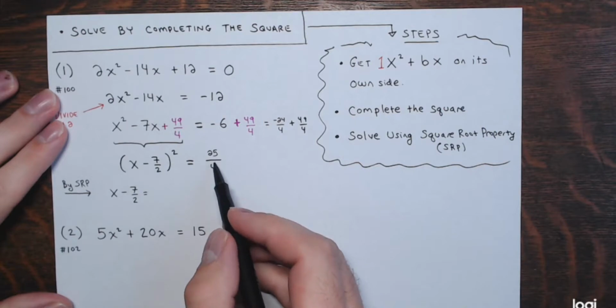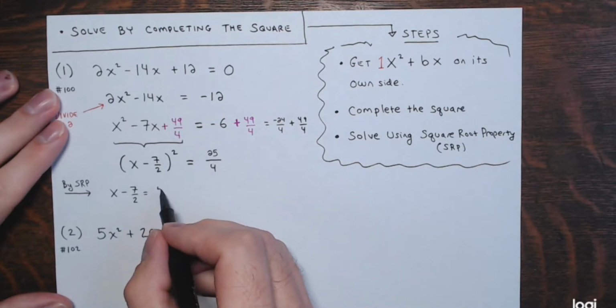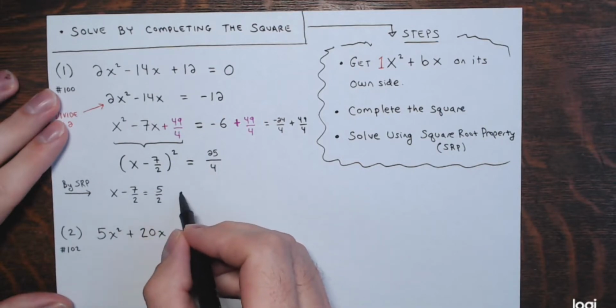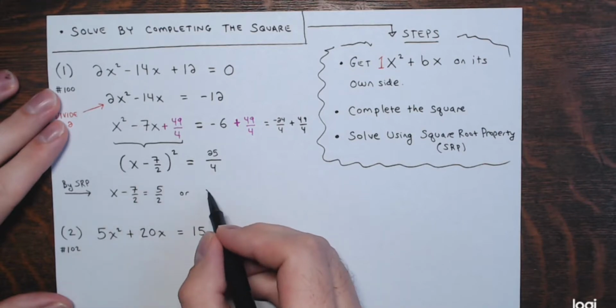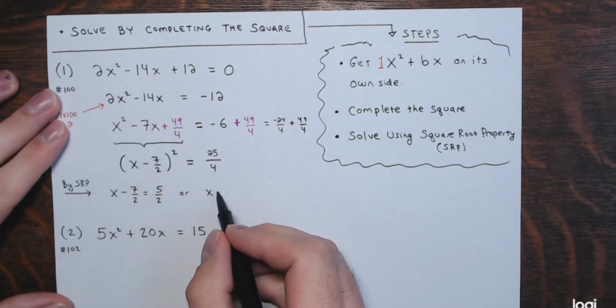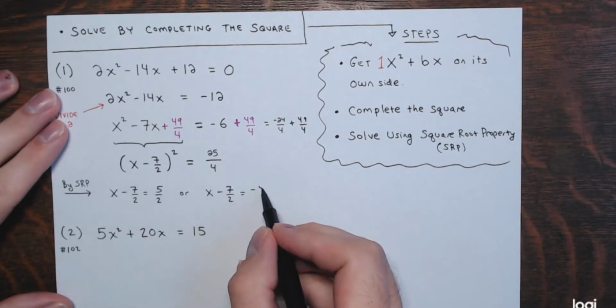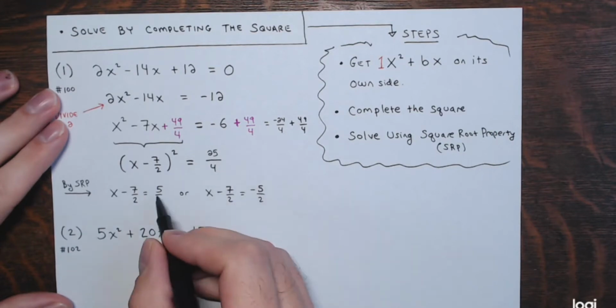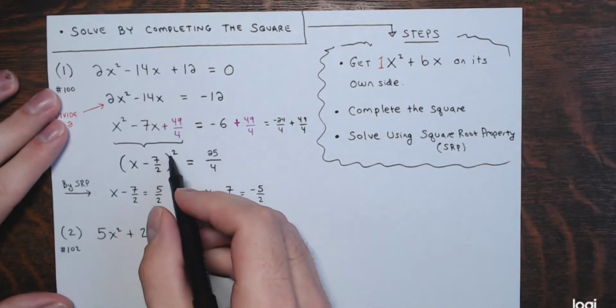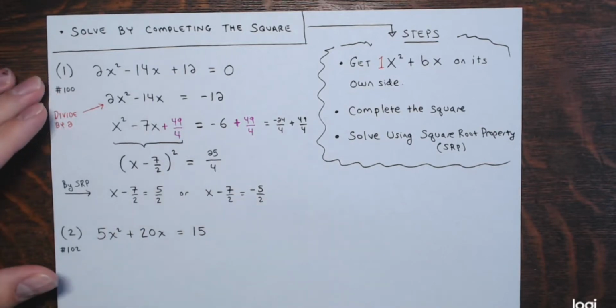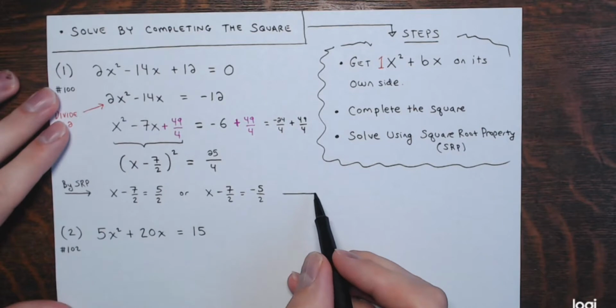Right, now the square root of 25 fourths would be 5 halves. Or this x minus 7 halves, the expression being squared, is negative 5 halves. Because either one of these, 5 halves or negative 5 halves, when you square it, would give me 25 fourths.